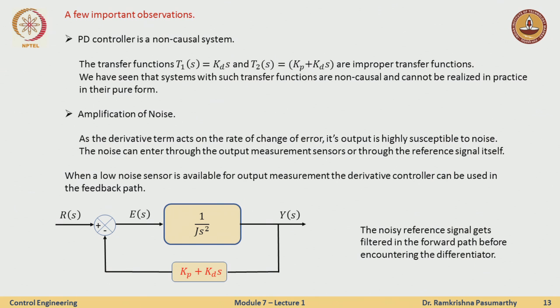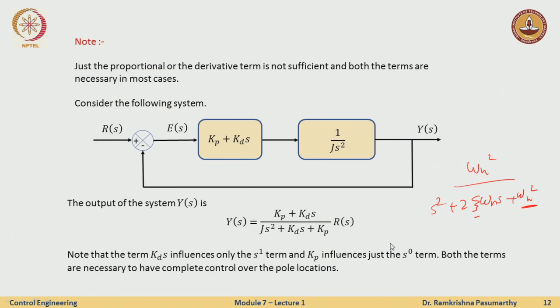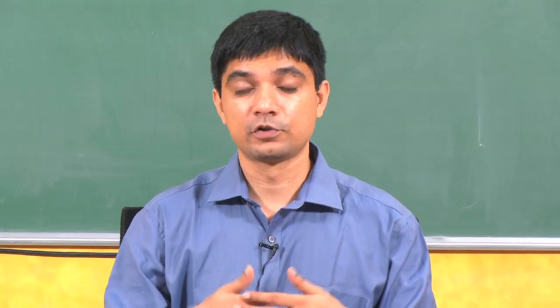Okay. So, in the previous slides we had said that the derivative term is in some sense anticipatory or predictive, it can predict what is going to happen in the future, and these systems we called non-causal systems. Moreover, while defining transfer functions, we defined a proper transfer function in such a way that the number of poles should be equal to or greater than the number of zeros.